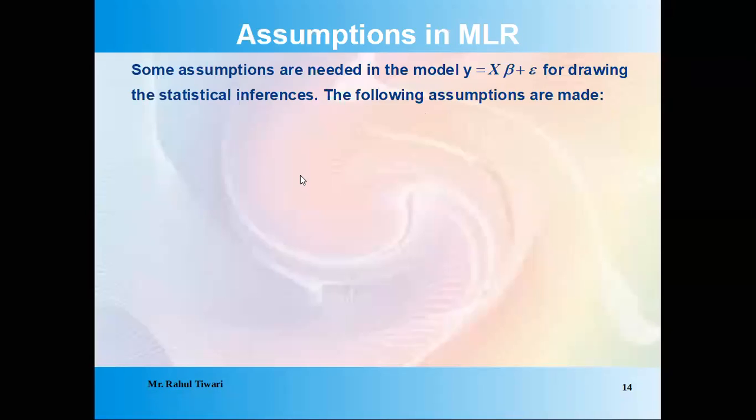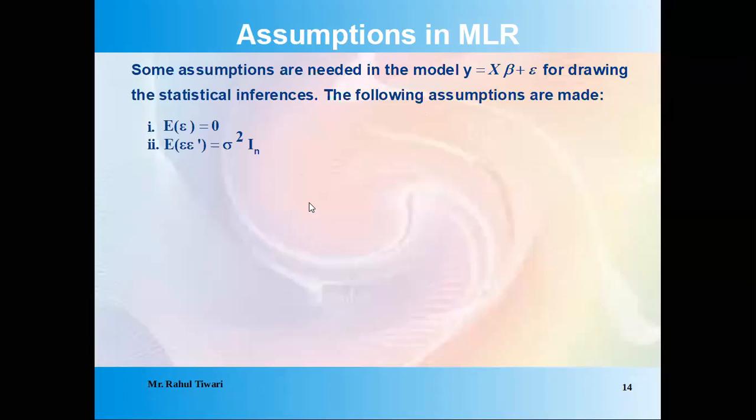I think this is the similar way you did it in the simple linear regression technique. Once you have set up the model, then we move to the assumption part. So again, I will not deal much with these assumptions because you have already gone through all of them in the simple linear regression. The same assumptions apply to MLR also.